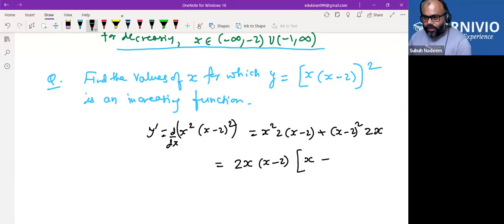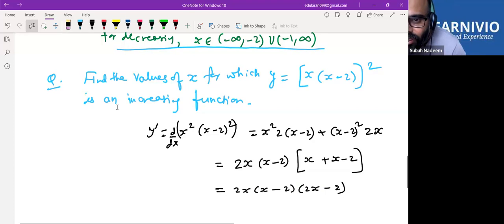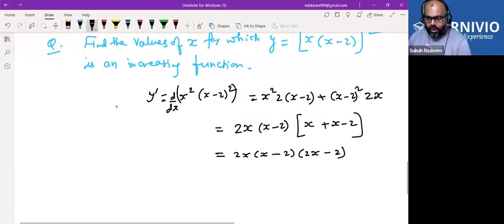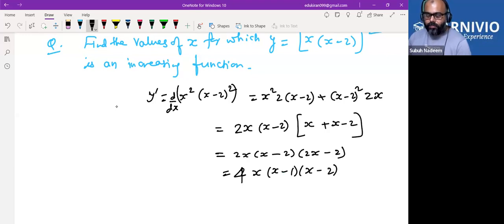So it will be 2x(x − 2)(2x − 2). Then 2 into 2 comes out as common, it becomes 4x(x − 1)(x − 2). So this is the derivative here.